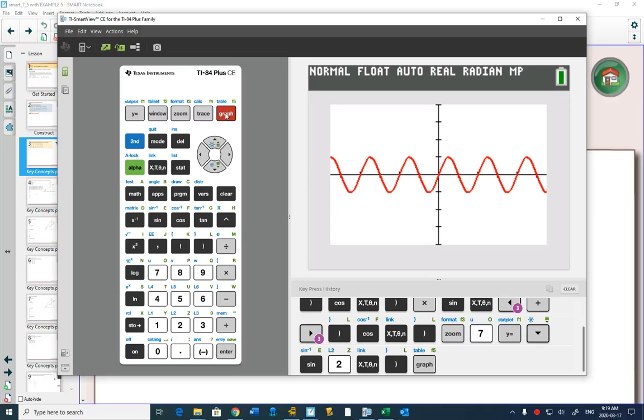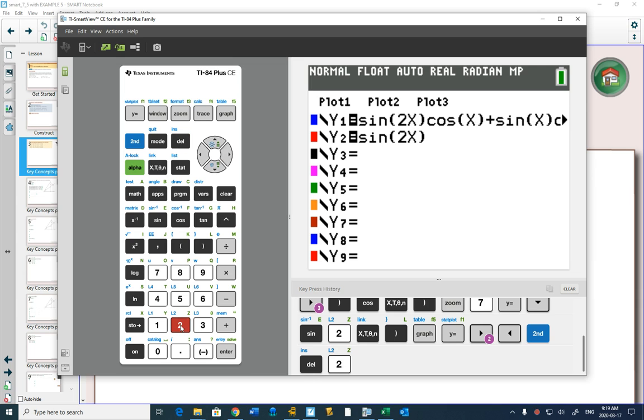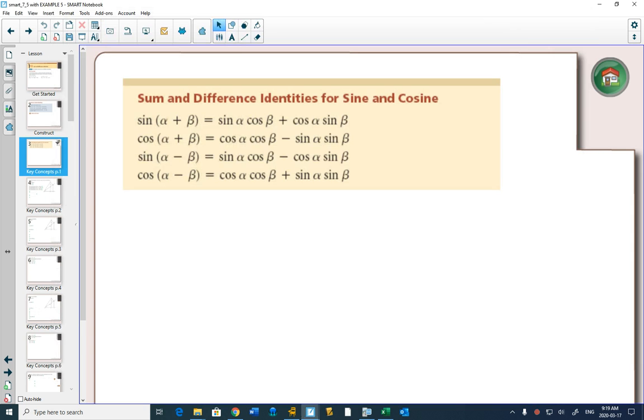So first of all, I graph this big thing, and it matches up. Next, I'm going to ask, what happens if I change this x to be a 2x, so I have sine 2x cos x plus cos 2x sine x. I should rewrite that one in the right order, cos alpha sine beta.